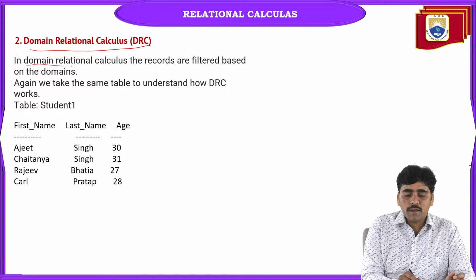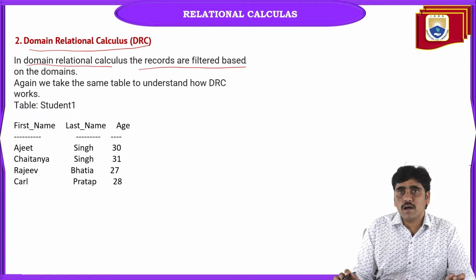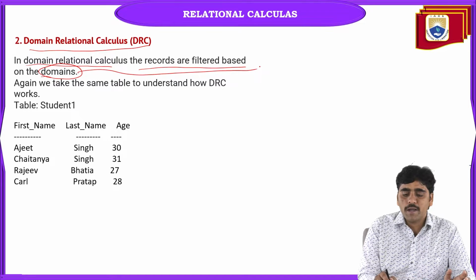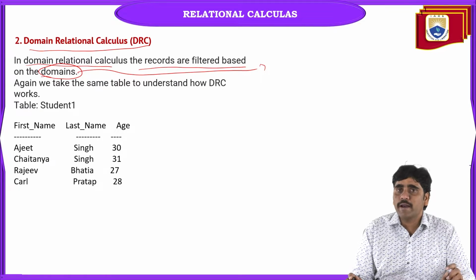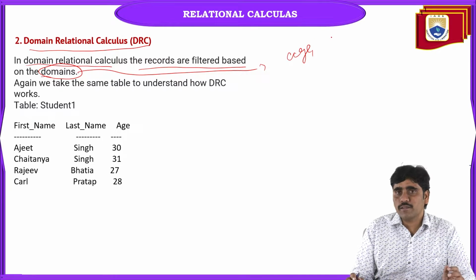In the domain relational calculus, the records are filtered based on the domains. Here domains are nothing but multi-valued attributes. That means you can mention either name, age, last name or first name.